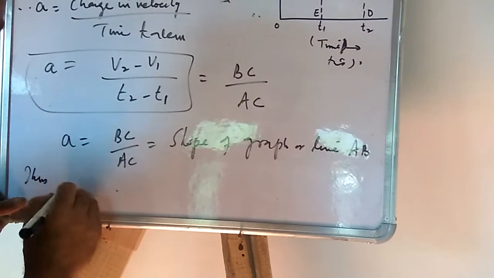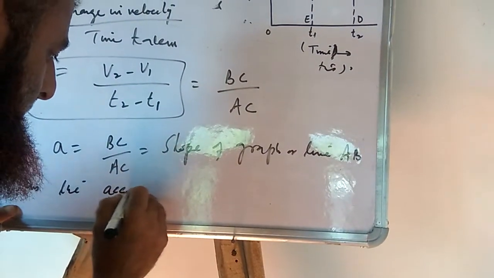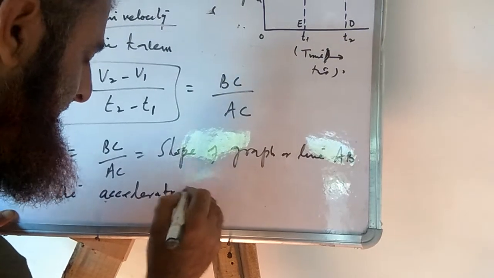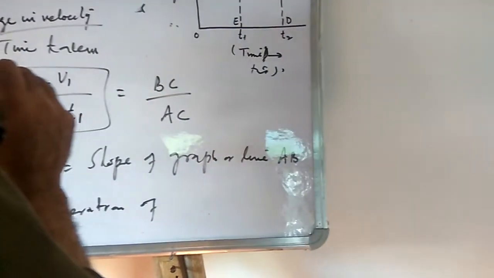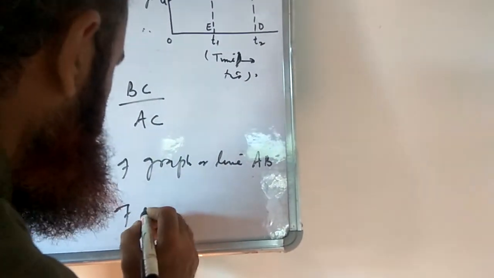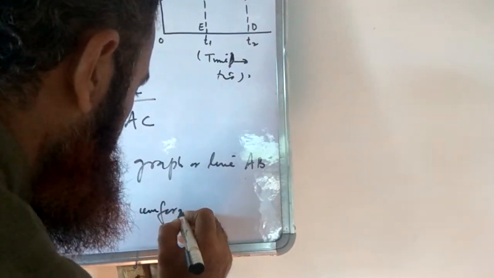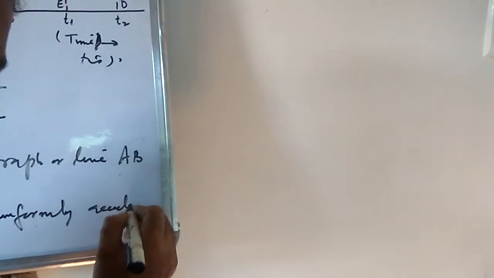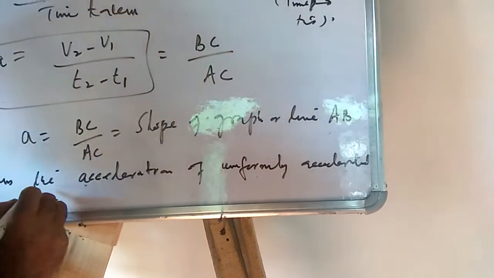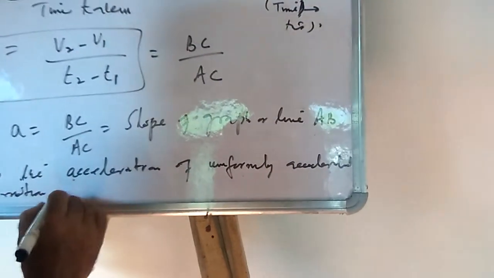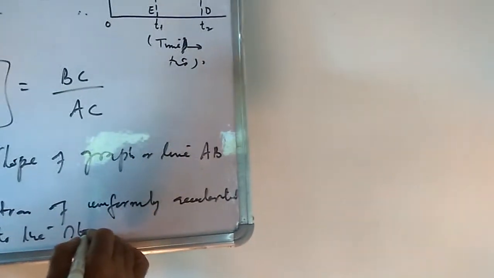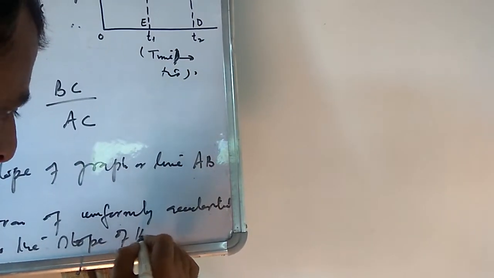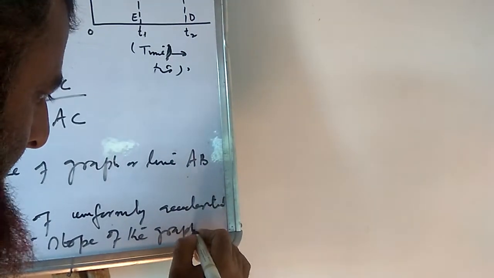Thus, the acceleration of a uniformly accelerated motion is equal to the slope of the graph.